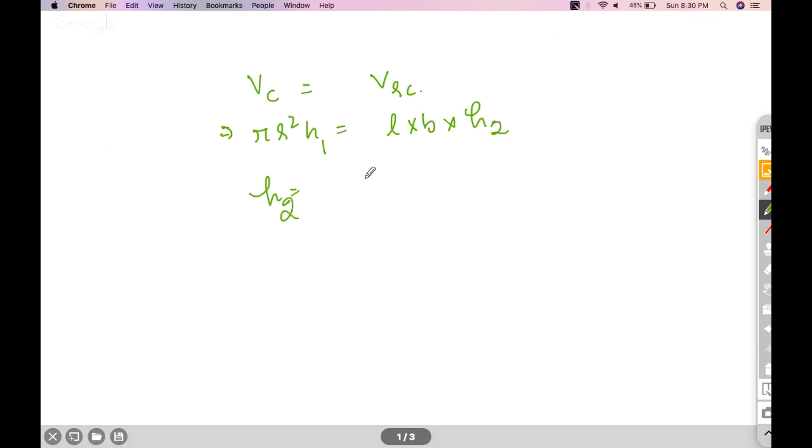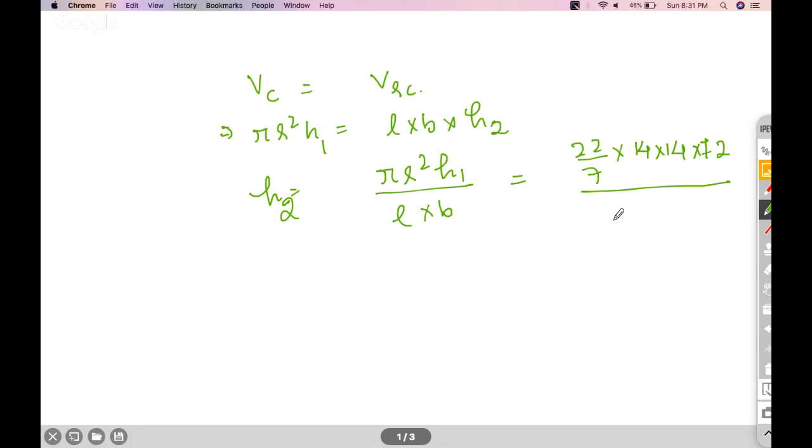So if I have to find out h2, that would be pi r square h1 divided by L into B. So 22 by 7, and diameter has been given, which is 28 centimeters, so radius is 14, into 14, and height is 72 centimeters, divided by 66 multiplied by 28.